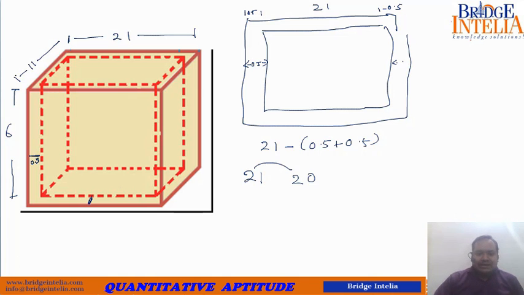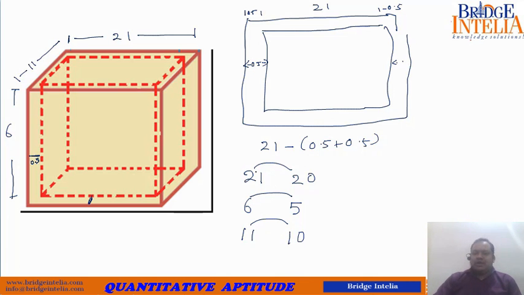So the dimension of the inner cuboid, its length will change from 21 to 20. Similarly, its height will change from 6 minus 0.5 minus 0.5, so from 6 to 5, and its breadth will change from 11 to 10. Why? Because thickness is there. If you add the thickness of both sides, 0.5 plus 0.5, it is actually 1 centimeter, so a deduction of 1 centimeter in dimension.